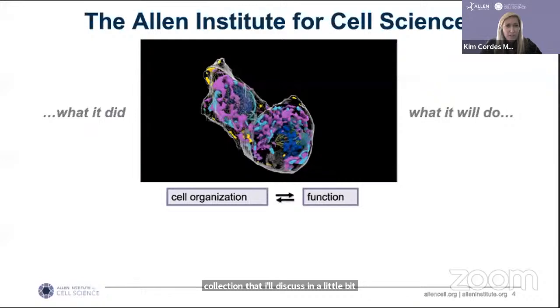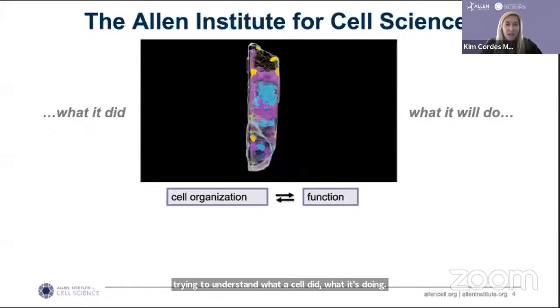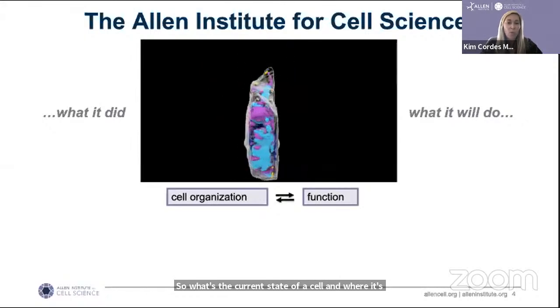More specifically, as part of the Allen Institute for Cell Science, our goal is to understand cellular behavior. So we're trying to understand what a cell did, what it's doing, so what's the current state of a cell, and where it's going. What will it do?